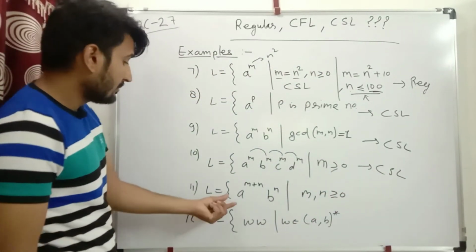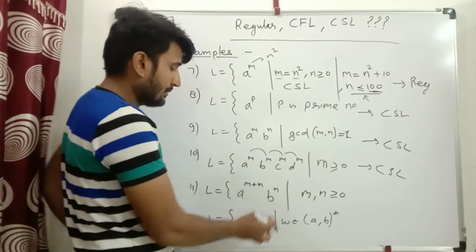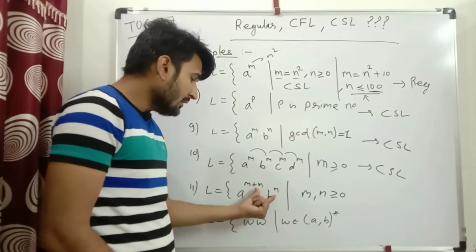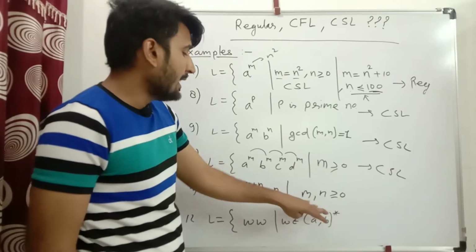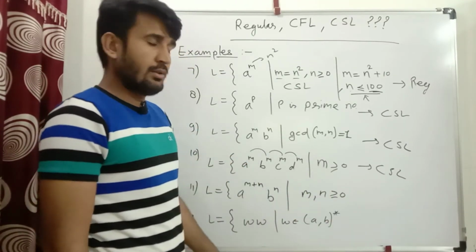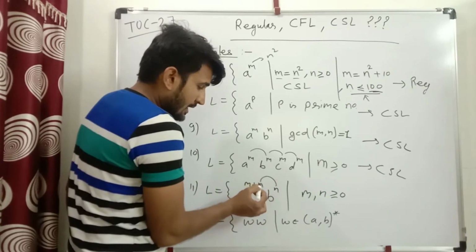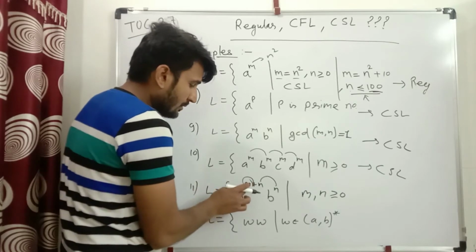Okay. Now take next: a power m plus n and b power m. You can see there is n on both sides, and the condition given is m comma n greater than or equal to 0. There is only one comparison, m equals m. There is no comparison with n.